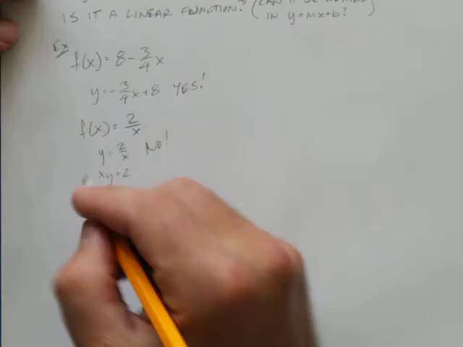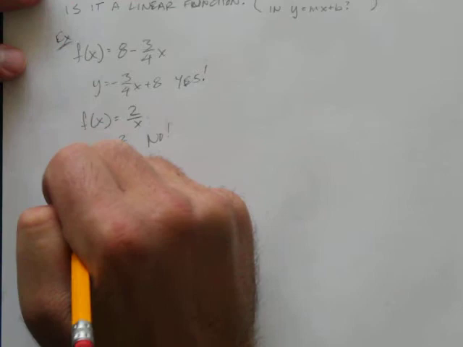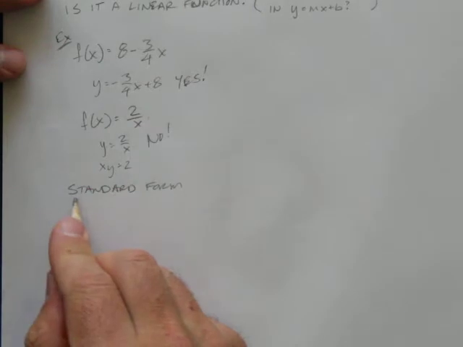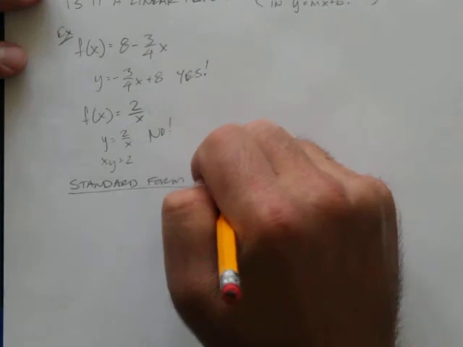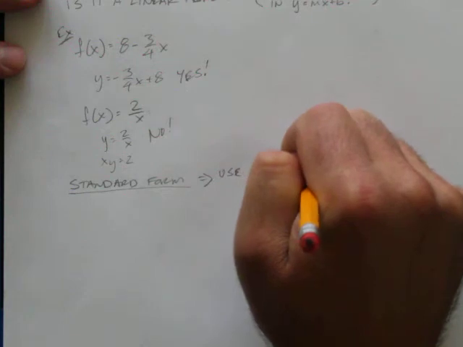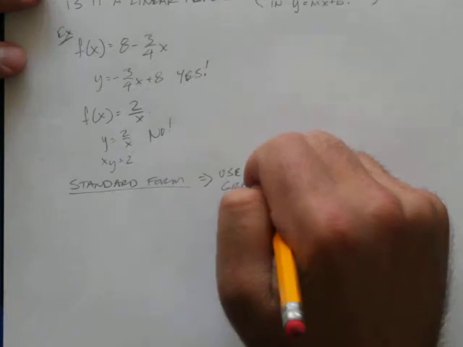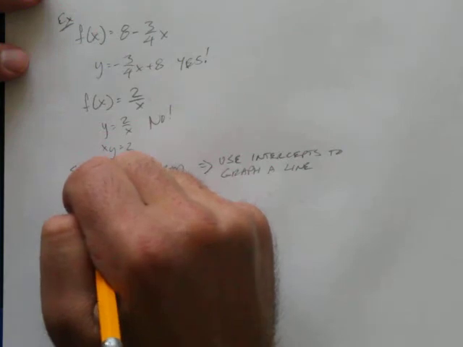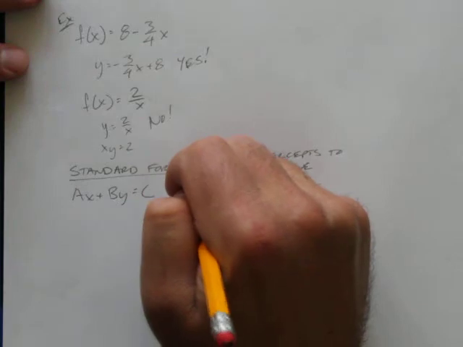Now here is standard form of a linear equation. And we use the standard form when we want to use the intercepts to graph the equation. Graph the line. So standard form is ax plus by equals c, and no fractions.